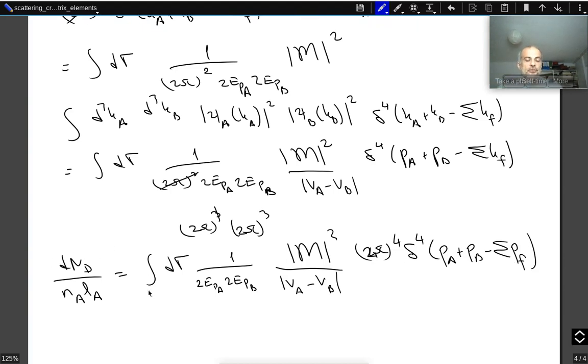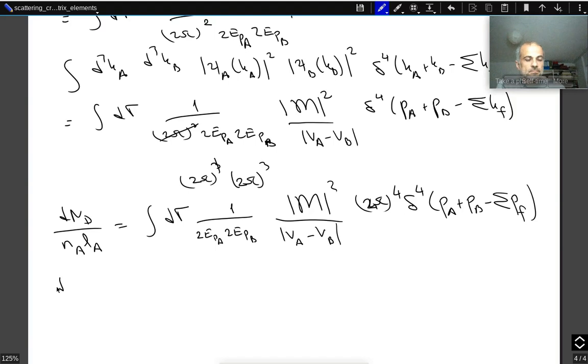Now if you remember our definition of dσ, this was equal to the number of particles in the detector per unit time, this is the difference, divided by Na, the volume density, the number of A particles, the number of B particles, and the speed of the A particles.